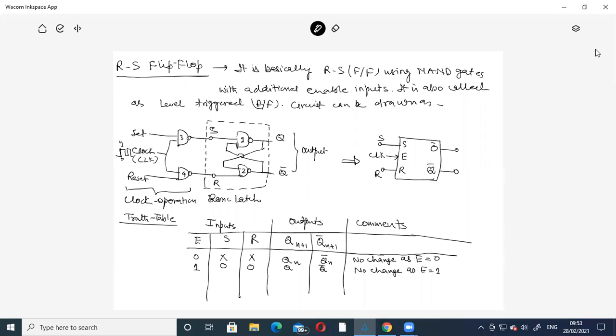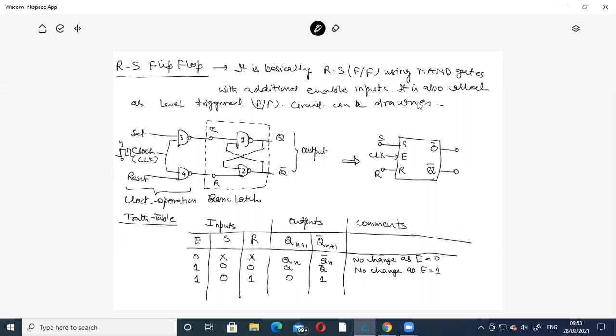Now, again, we see this is 1, this is 1, and here it is 0 and 1. So if S is 0, in any case, the output will be 0 and 1. So it is 0, and this output is 1.